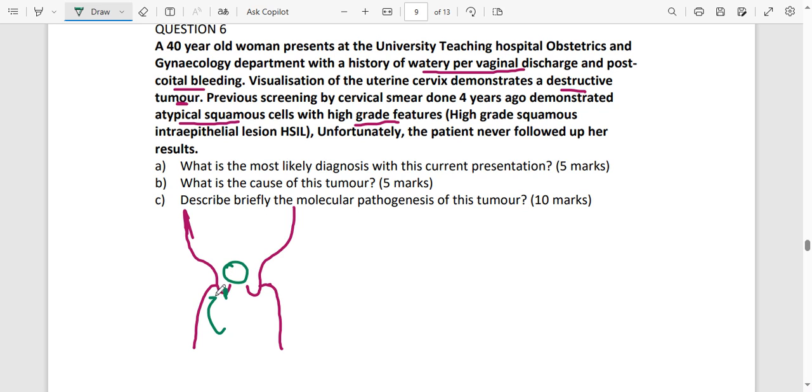The outside of the cervix has got the same epithelium as the vagina, that is squamous. So on this junction, this is where carcinoma of the cervix is more likely to occur. Specifically, cervical cancer is more likely to occur here.